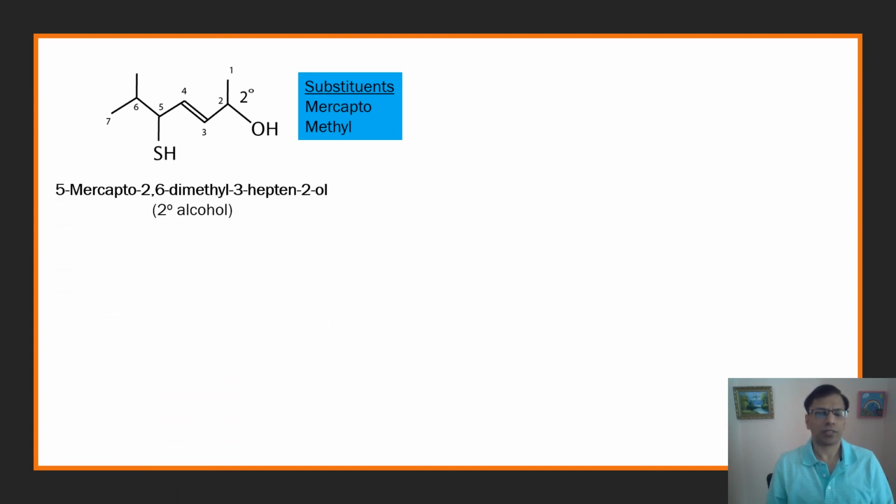Of course, it will follow alphabetical order. So you start with ME, then R. ME is the same as ME here, and then R has preference over T. Alphabetical order: you do not consider the di, which is a prefix, because it's not a part of the substituent name. And then you put the number 3 to indicate the location of the double bond, and then you put the location of the alcohol.